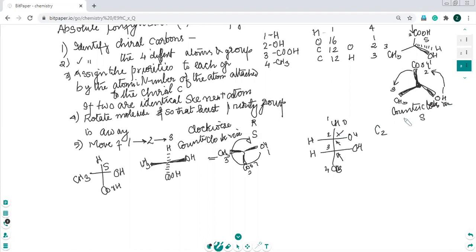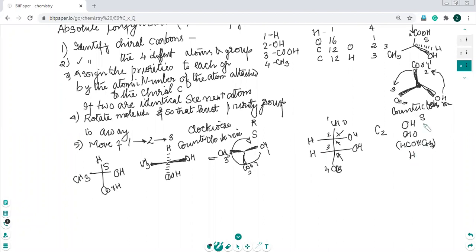You have OH, CHO, then you have this big group, H, C, OH, and CH3, and the 4th group is hydrogen.